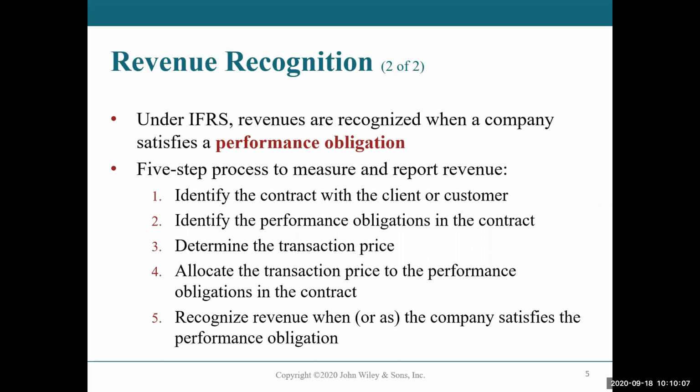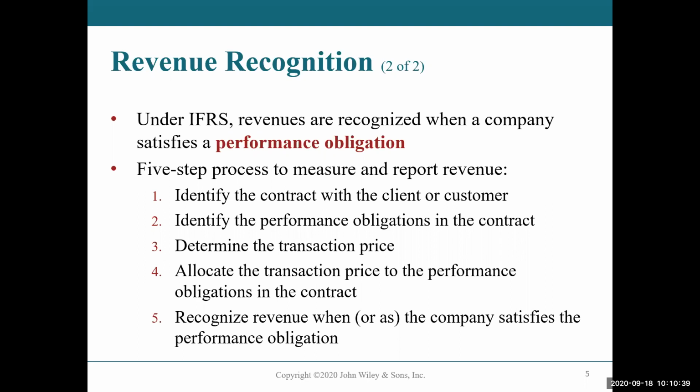How many things does this company have to do before they can recognize revenue? Is it just the sale of products, or are they going to be doing any assembly or installation? That also becomes another performance obligation. So companies first determine whether there is a contract and then how many performance obligations are in that contract. The third step is to look at the transaction price for the whole contract.